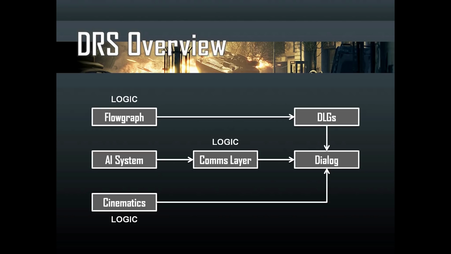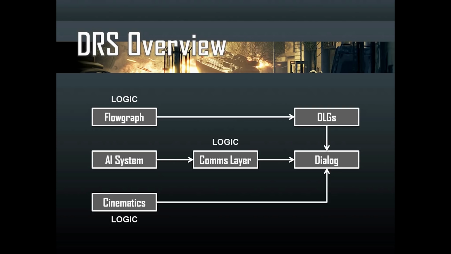And more than anything, none of the systems were actually very good at controlling dialogue. FlowGraph had a hacked control system, the AI only controlled the dialogue with reference to the AI system, and TrackView didn't have any logic at all. None of the systems were aware of what the other systems were doing, and typically lacked any awareness of what was happening in the game world.